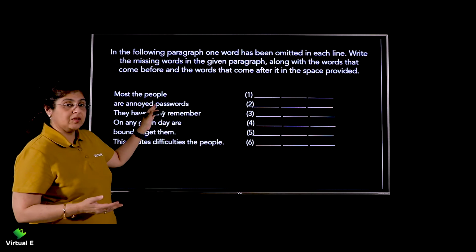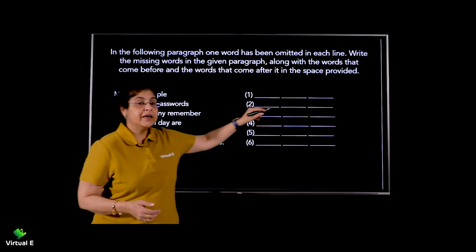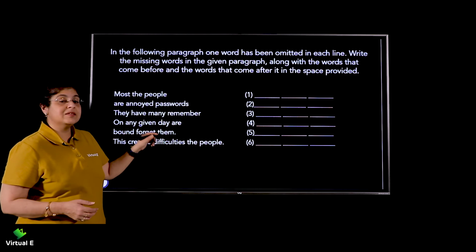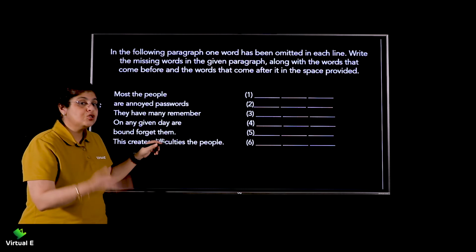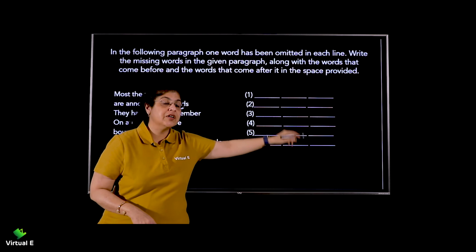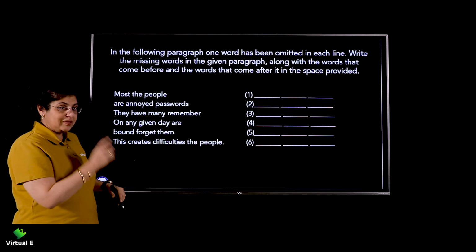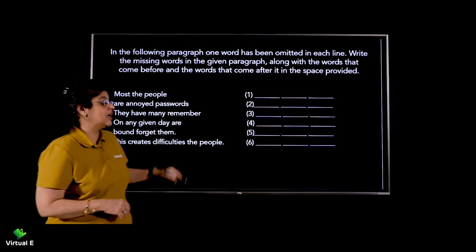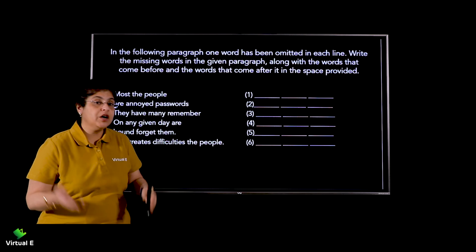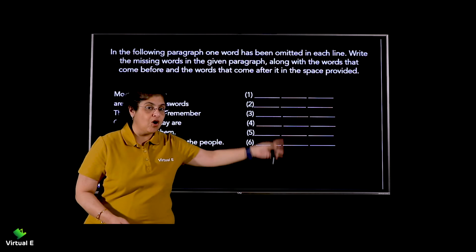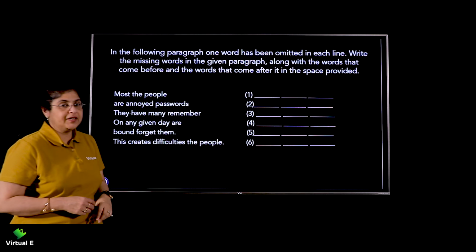Who is "they"? We are talking about the people. So day, they are. Bound to forget. Very good. So the word before the missing word, the missing word, and the word after. This creates difficulties for the people. So difficulties for the. Got it?